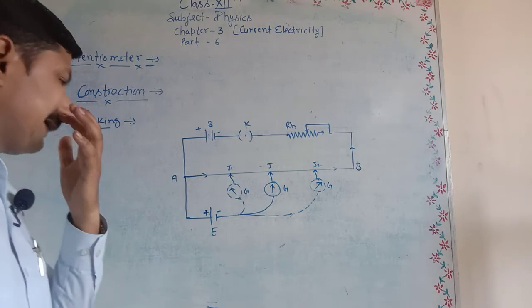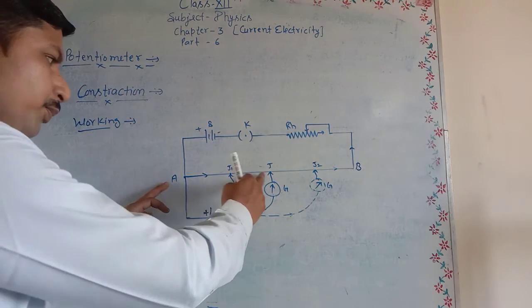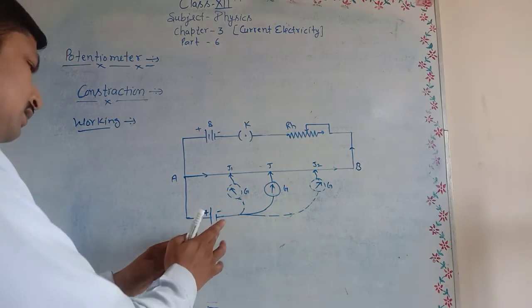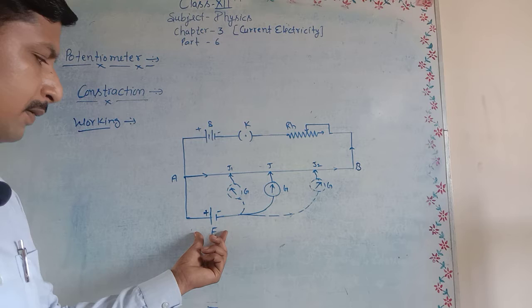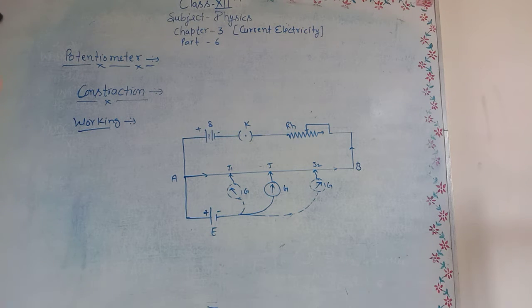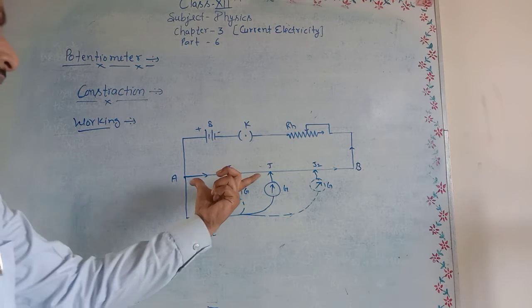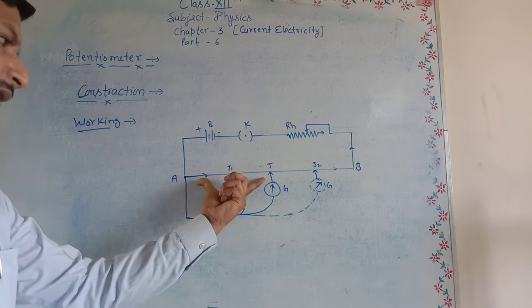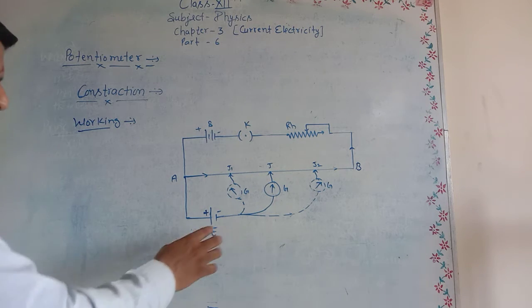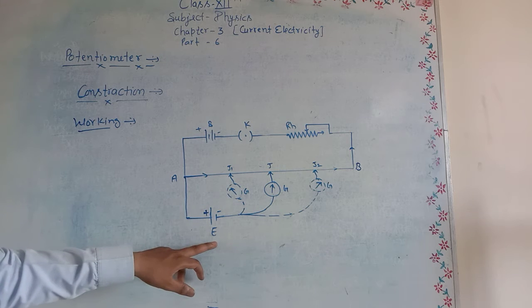At that point J, the potential difference of the part AJ is equal to the EMF of the cell. Okay students, in this position the potential difference of the length AJ of the wire is equal to the EMF of the cell.